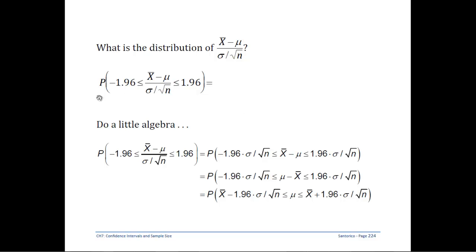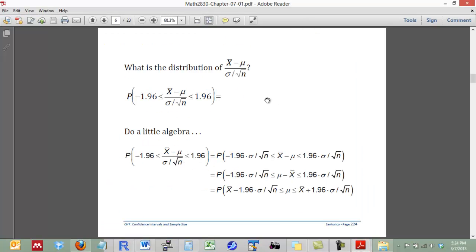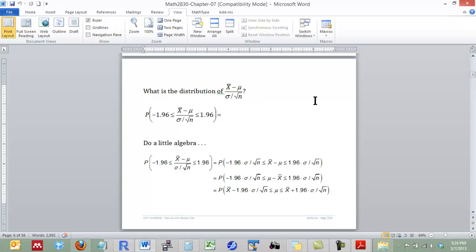And what that tells us, so this 1.96, you've seen a couple of times. If you calculate the probability of a z in between 1.96 and minus 1.96, it's going to be 0.95. So this comes directly from using your standard normal table.